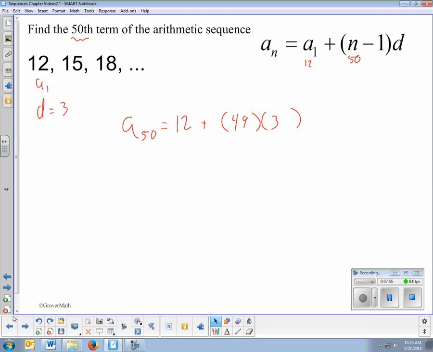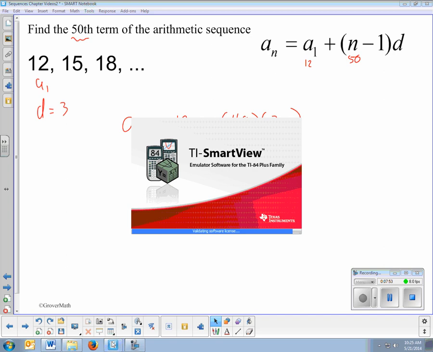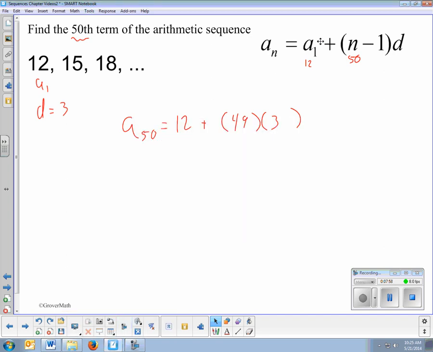Let me get my calculator up and running to help me with the algebra. But again, an important thing to remember is that this formula is not given to us on any reference sheet. It's a formula we're expected to memorize, and so you do need to know it, like the quadratic formula. It's one of those things you have to know.